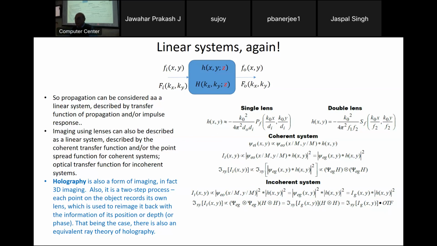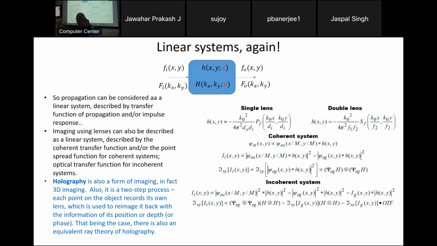But if you took the Fourier transform of this, the capital H, which is called the coherent transfer function of this imaging system, that's simply a circle function in kx and ky. What it means is that only a certain range of spatial frequencies will go through the lens.